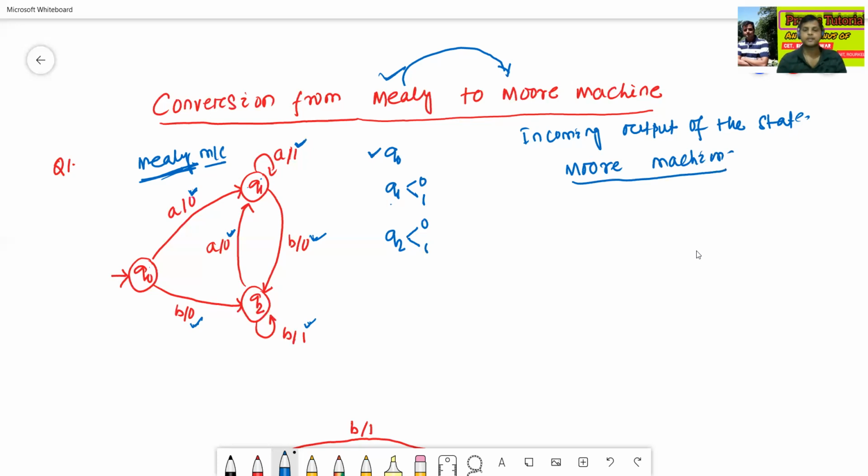First see the number of states in the Moore machine. Q0 is one state. Now based on the two outputs, we'll divide the Q1 state into two states, Q10 and Q11.